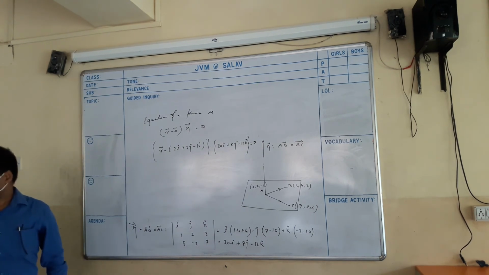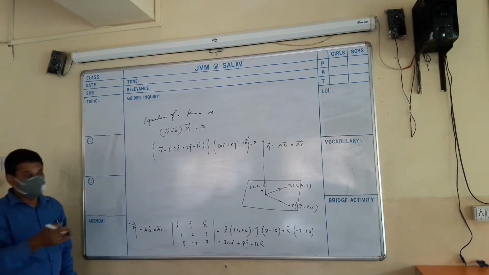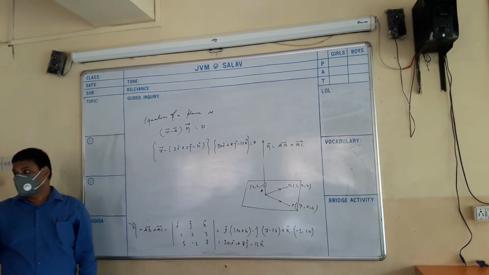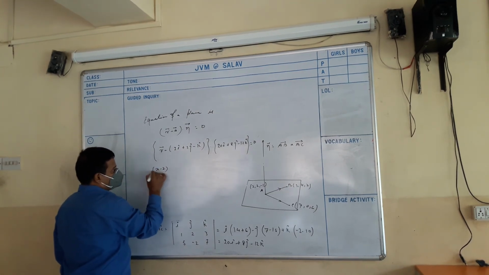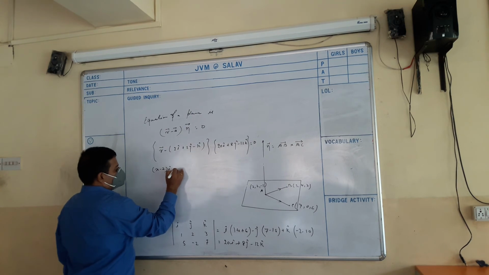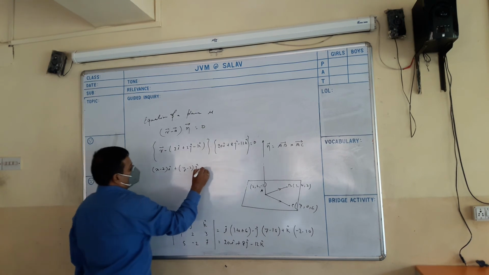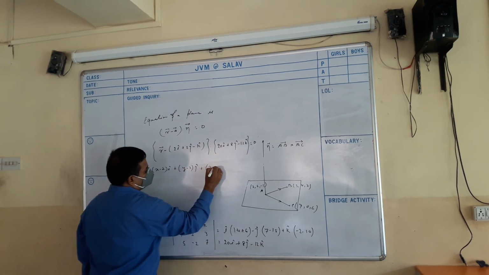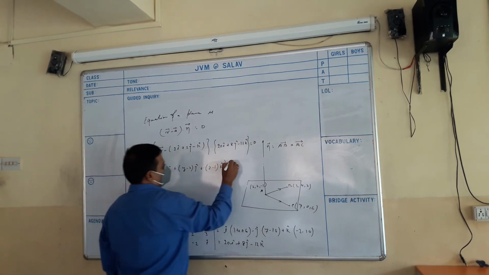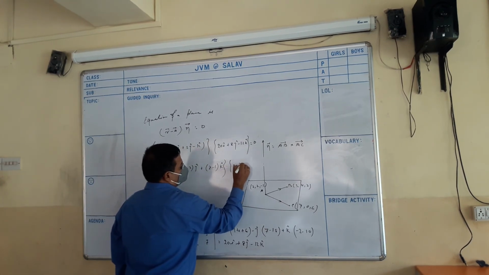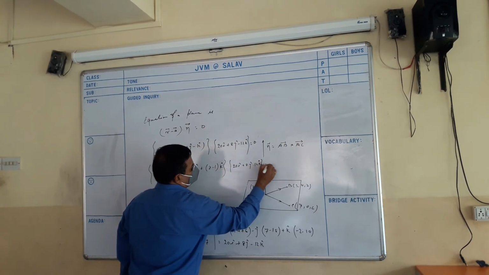Any doubt? So we can write this in Cartesian form. See here, vector R is xi plus yj plus zk. So we can write: (x minus 2)i plus (y minus 2)j plus (z plus 1)k, dot 20i plus 8j minus 12k equal to 0.